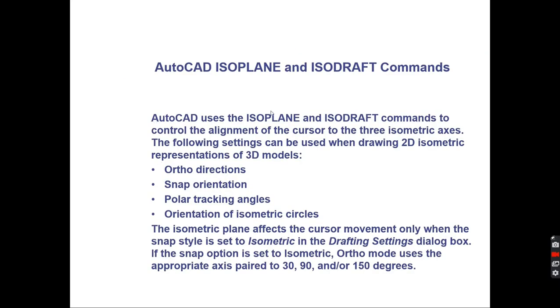AutoCAD uses the isoplane and isodraft commands to control the alignment of the cursor in our three isometric axes. So we can use our isoplane and isodraft.